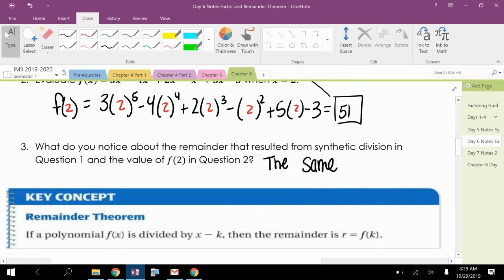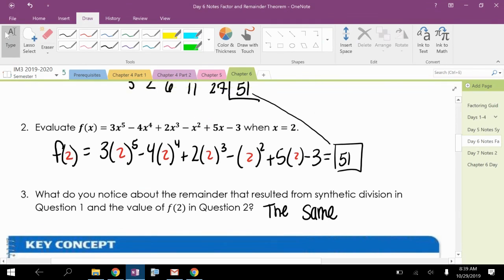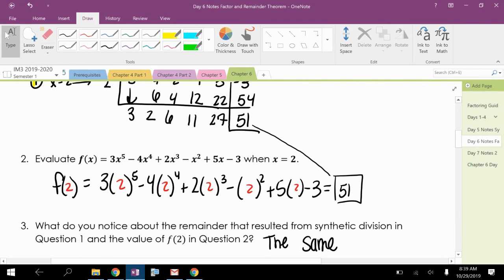The reason I teach you that is because on something like the SAT or a college entrance math exam, you might not be able to use a calculator. This is a lot easier to do in your head than thinking 2 to the 5th, 2 times 2 times 2 times 2 times 2 times 3, minus 4 times 2 times 2.